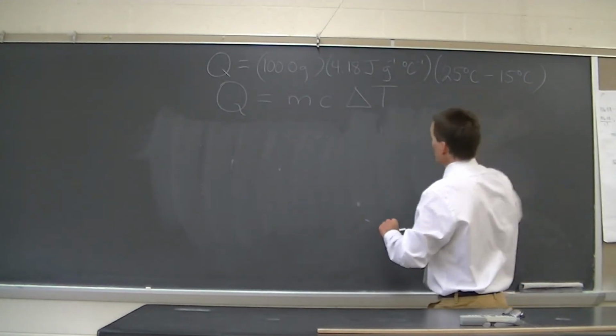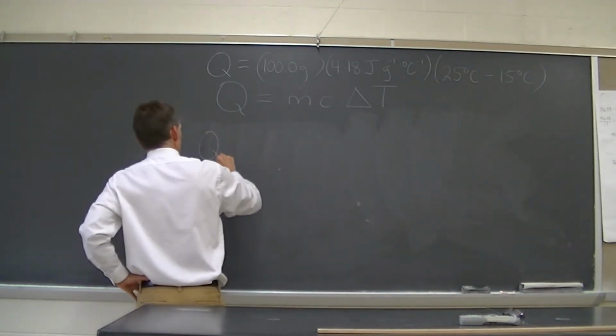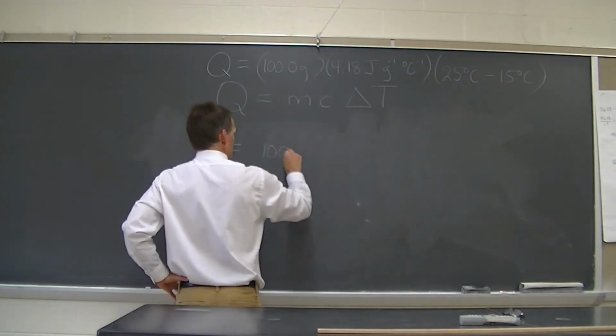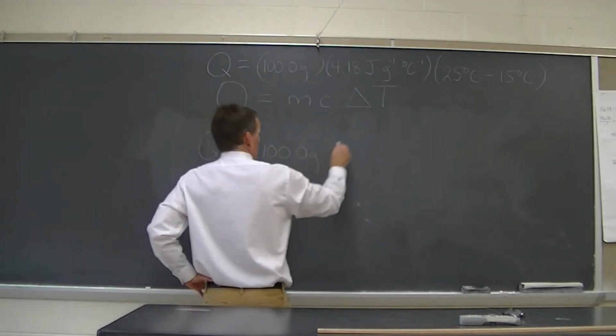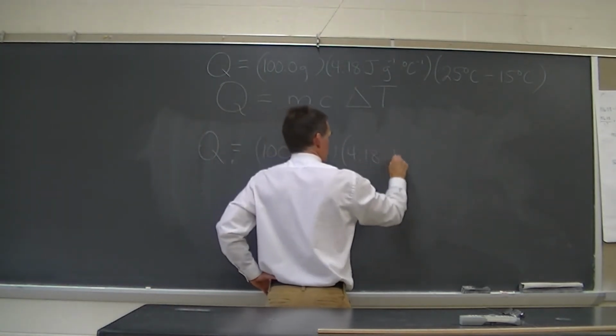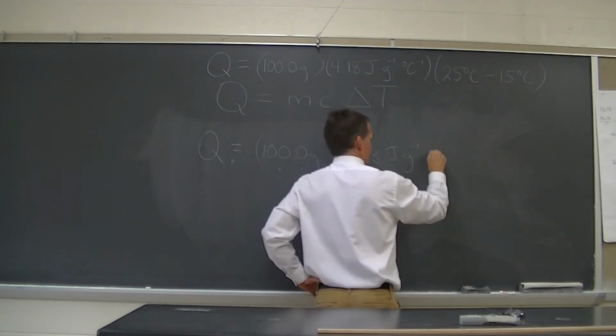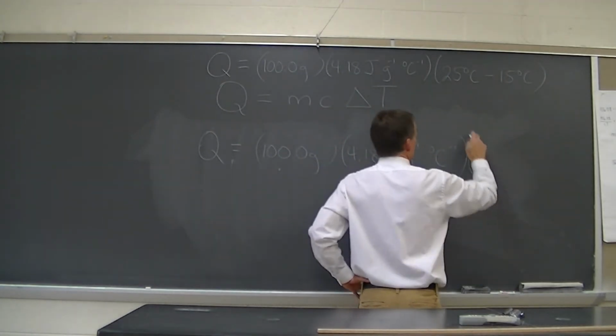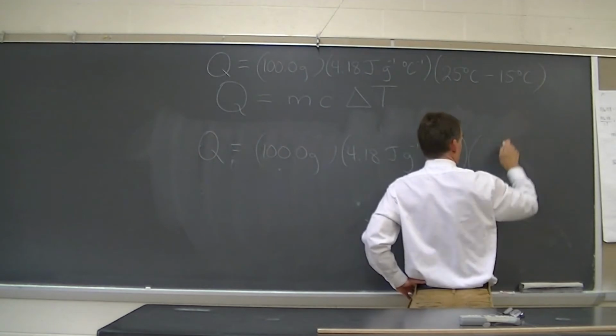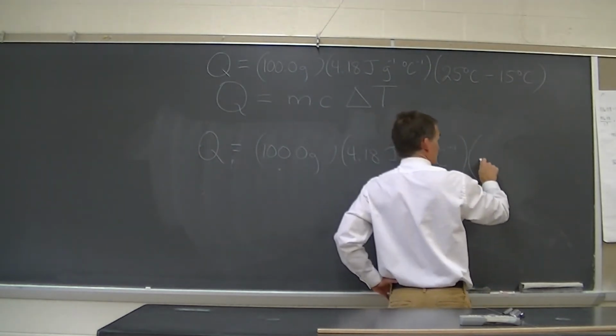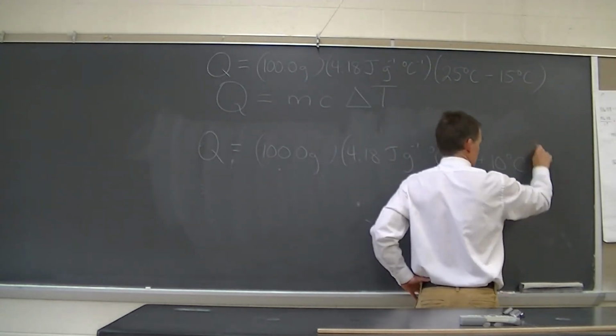Let's do that here. So let's see, my energy gained as heat is going to be 100 grams times 4.18 joules times inverse gram times inverse Celsius, and 25 Celsius minus 15 Celsius is a positive 10 degrees Celsius.